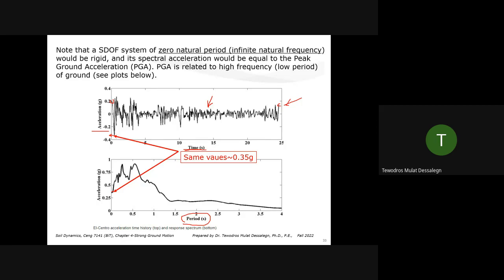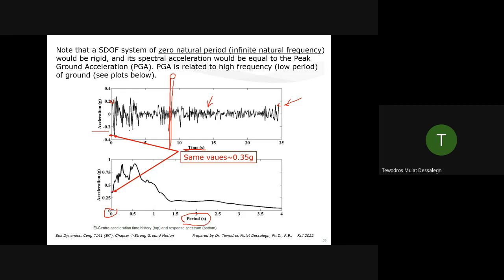It's a spike in high frequency, and high frequency means very low period, or very rigid. This is a ground motion recorder. The ground moves rigidly, and the ground has very high frequency or extremely low period. That's why you have this low period related to the peak. It doesn't matter where the peak is. The peak can happen somewhere here. But still, that peak value always corresponds to a very low period, or the 0 period, in the acceleration response spectrum plot.